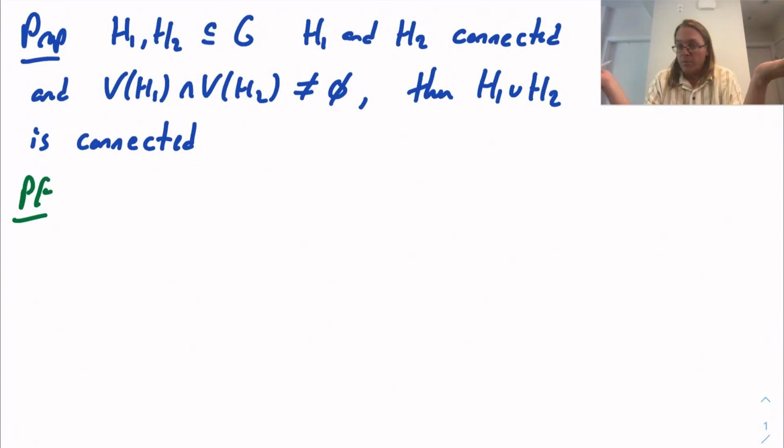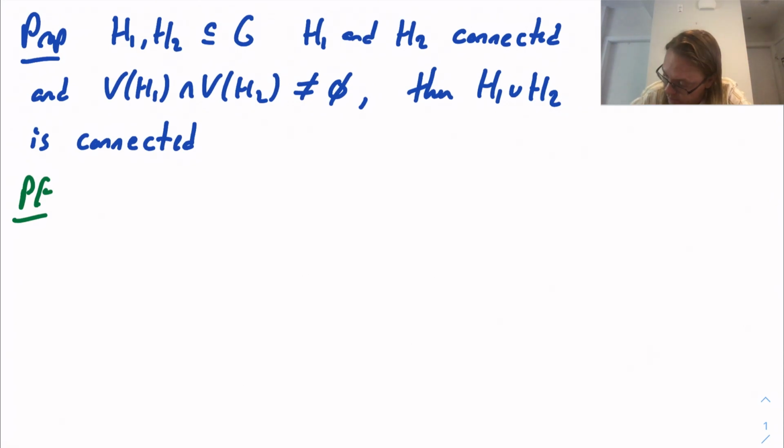So if I need to prove that my graph is connected, the most basic thing to do is take that definition of connected. It says for every vertex u and for every vertex v, there's a walk from u to v. That's what we're going to do. We're going to take a vertex u, take a vertex v, and show that there's a walk from u to v.